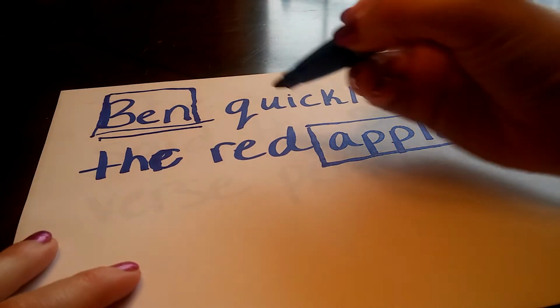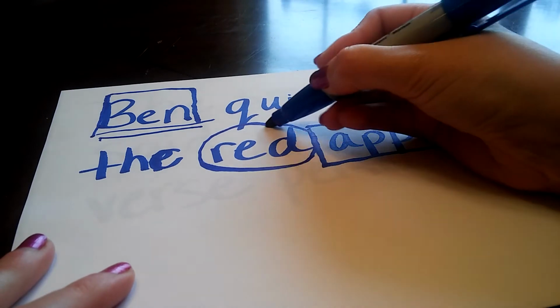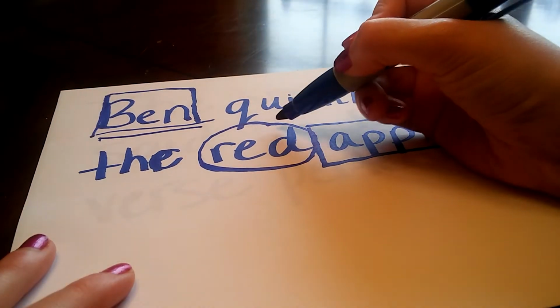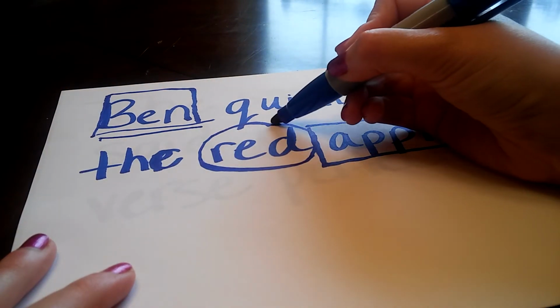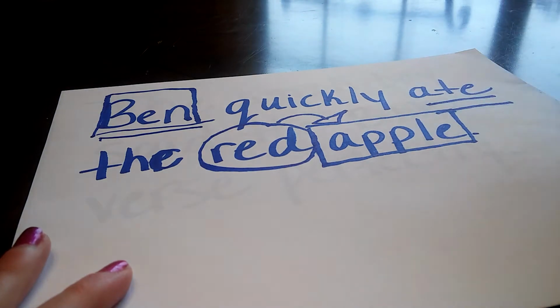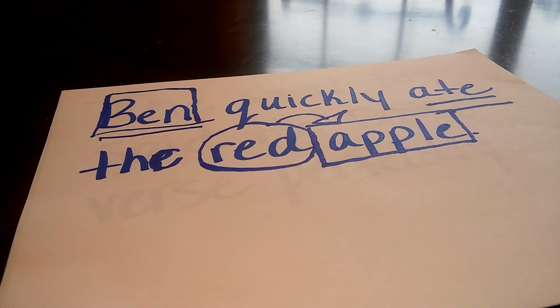Yes, red. Red tells us what kind of apple, a red apple. So we're going to circle our adjectives, and then you're going to put a small arrow pointing at apple. What kind of apple? A red apple.